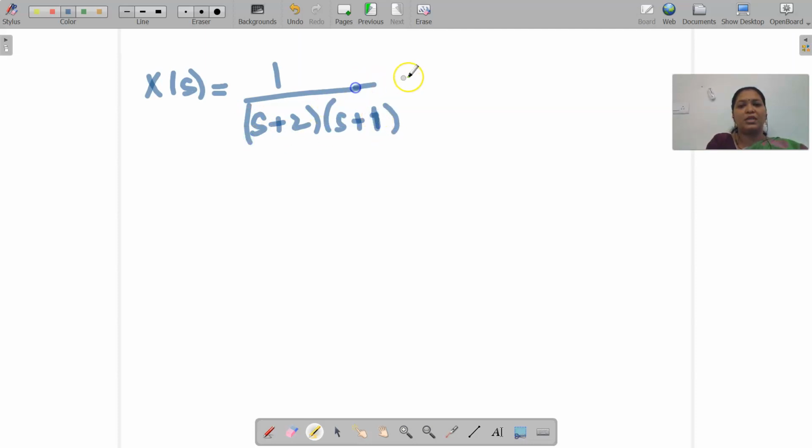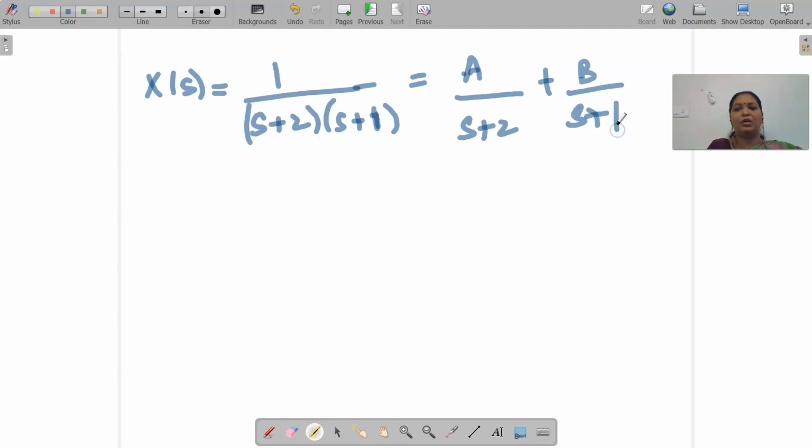How will you apply partial fractions? Since you have two terms in the denominator, I can write it as A by s plus 2 plus B by s plus 1. Again, I have to compare these two terms.